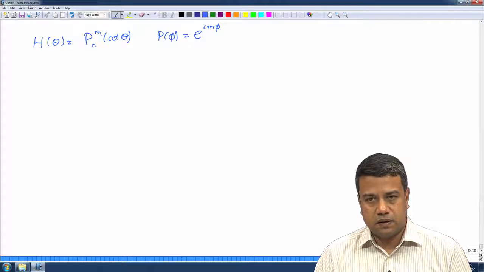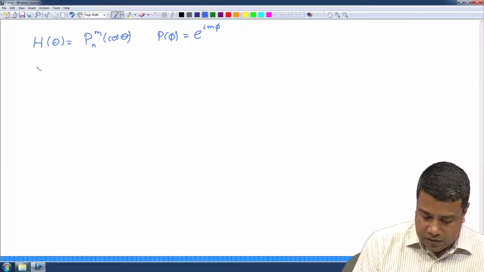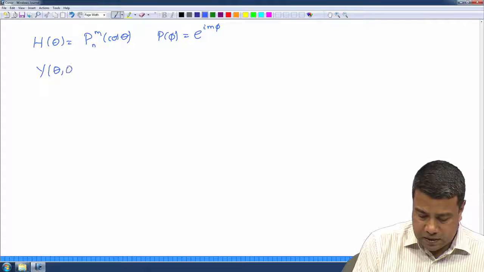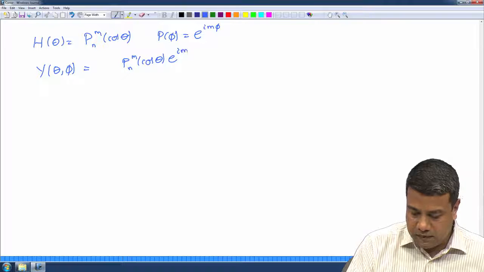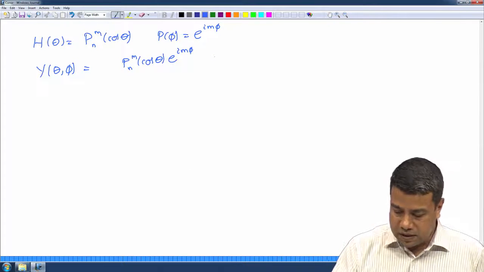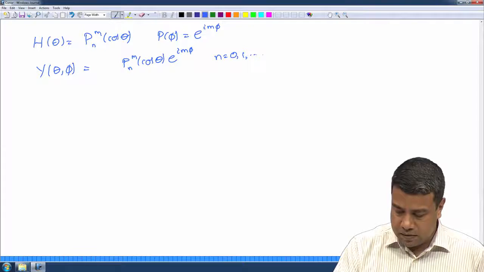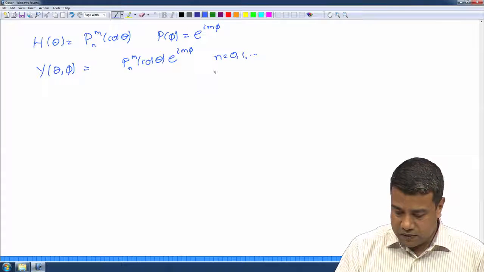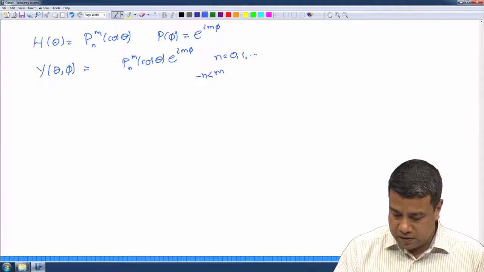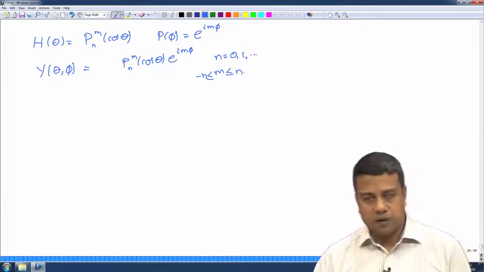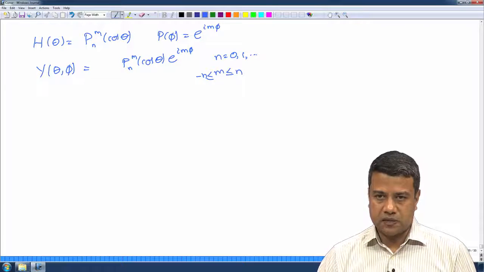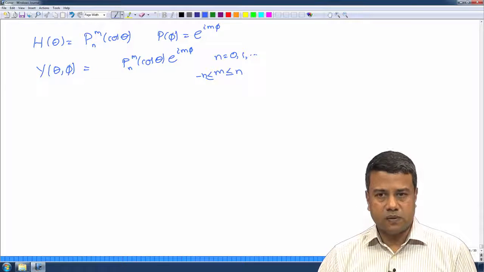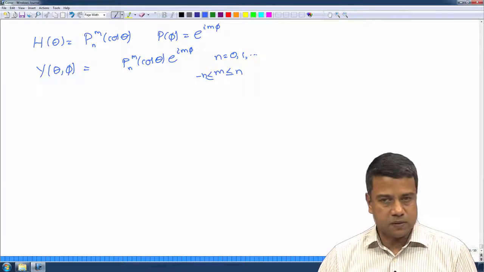Therefore, the product, which they call the spherical harmonics of theta and phi, turns out to be of the form P n m of cos theta e power I m phi. Note that n is an integer, and m goes from minus n to n. So, for n is equal to 0, m is equal to 0. For n is equal to 1, m is equal to minus 1, 0, plus 1. For n is equal to 2, m is equal to minus 2, minus 1, 0, plus 1, plus 2, etc.